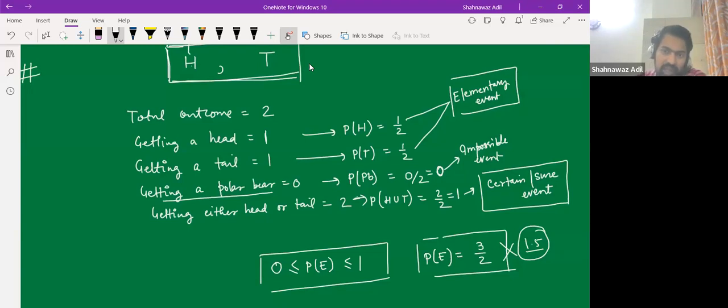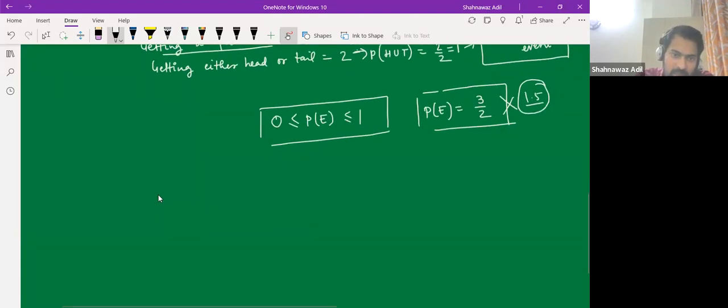And the second thing is the probability of not getting the event, P(not E). Let's say that I have tossed a coin and I'm asking the probability of not getting a head. That is again 1/2.